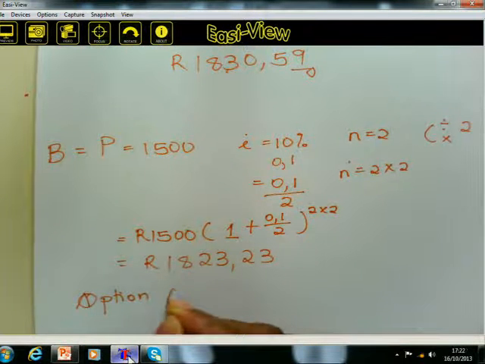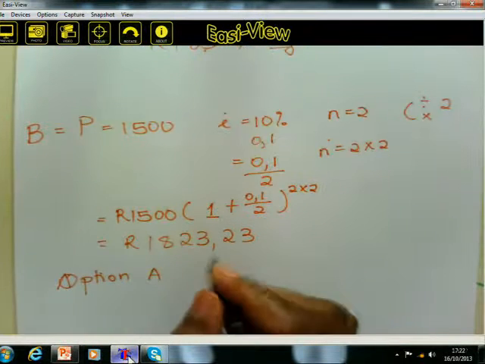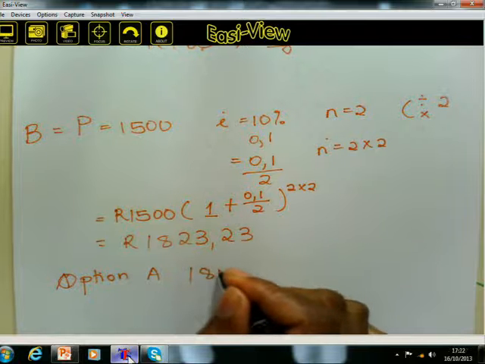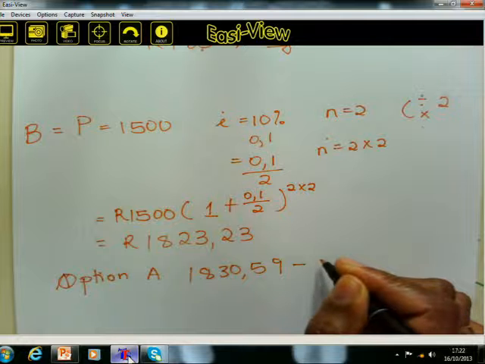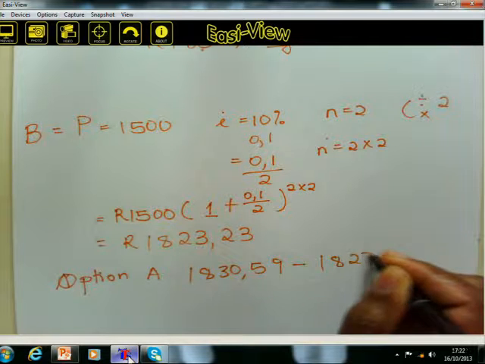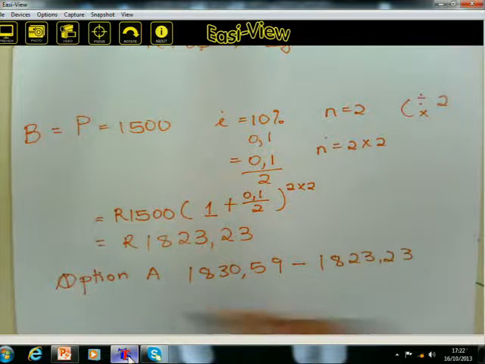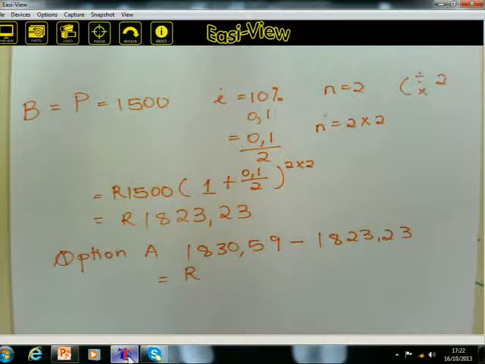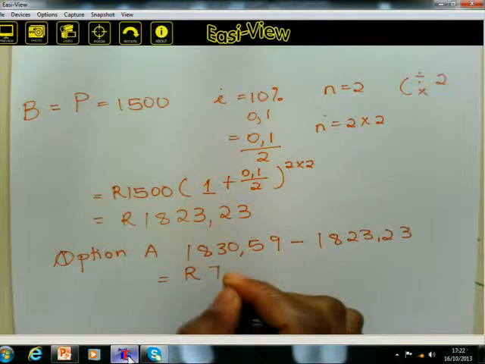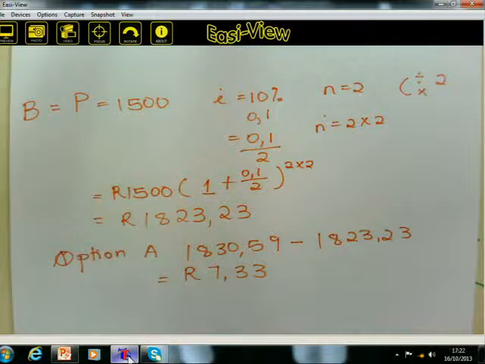Option A, if you look at option A it's 1,830,59 cents. If you subtract option B, which is 1,823 rand 23 cents, let's subtract there, we find a difference of 7 rand 33 cents.